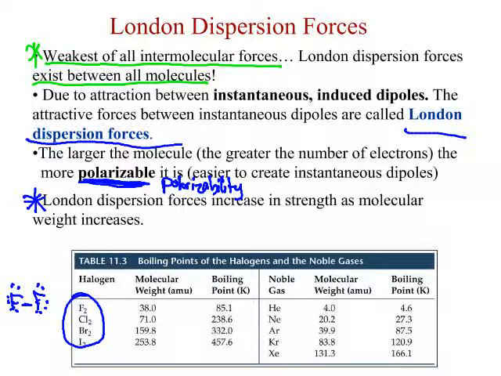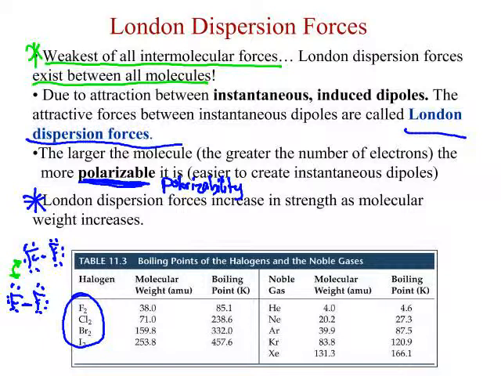But separate fluorine molecules can be attracted to each other through this sort of instantaneous dipole attraction, so between these dispersion forces. So these two fluorine molecules will experience a weak attraction for each other due to this type of attractive force.